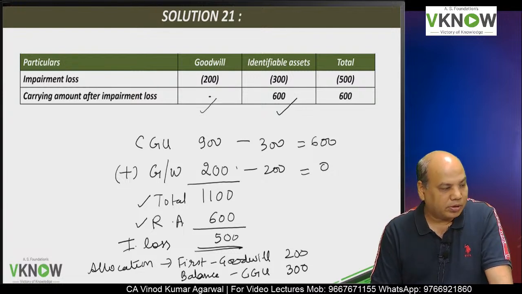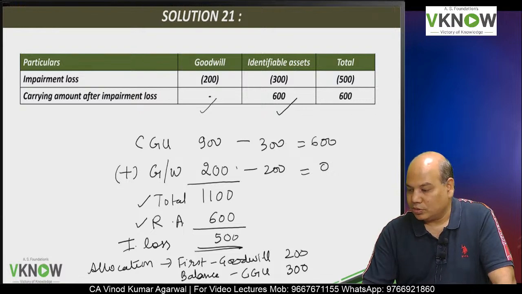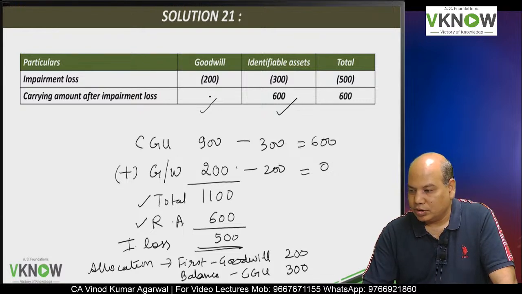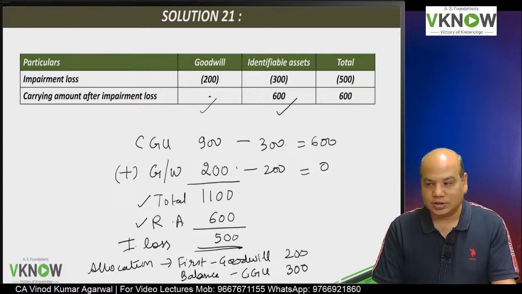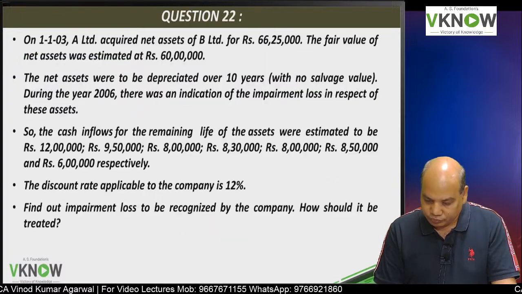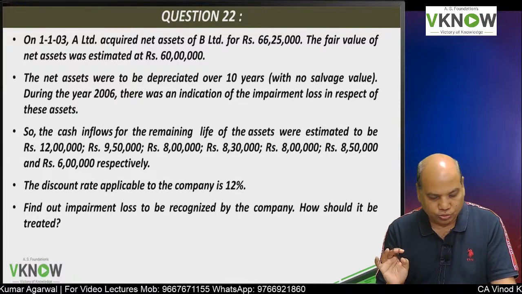This is how the impairment loss will be provided in case goodwill can be allocated on a reasonable and consistent basis. Let us practice one more question, number 22.